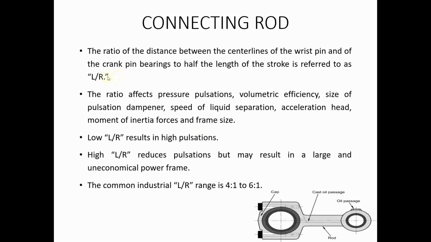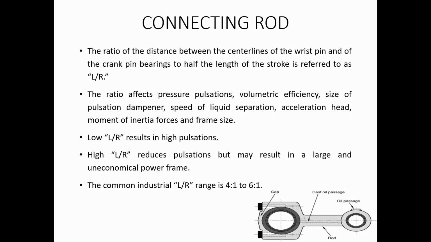So this ratio affects the pressure pulsations, volumetric efficiency, the speed of the oil or liquid separation, acceleration head, then forces such as moment of inertia forces, and frame size. All these are affected by the L by R ratio, which is why this ratio is very important.